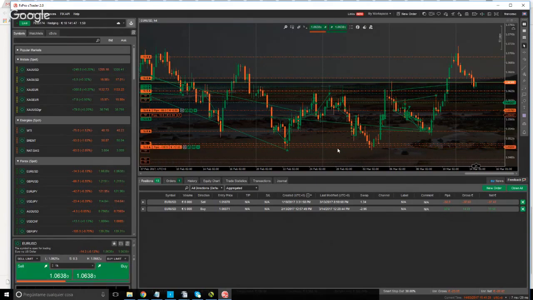Okay, so the point is, what I've been telling people when speaking about this methodology is that the method used here to enter and exit the market is secondary.